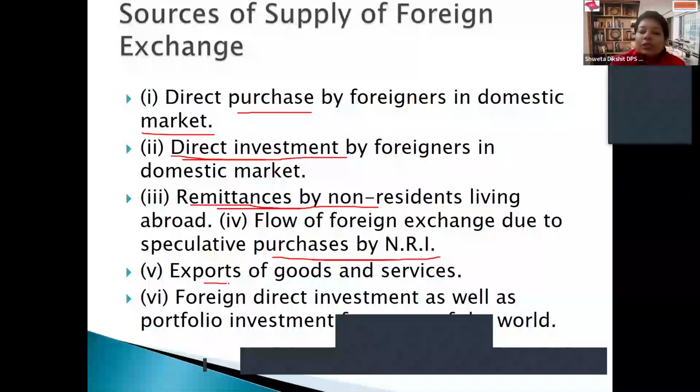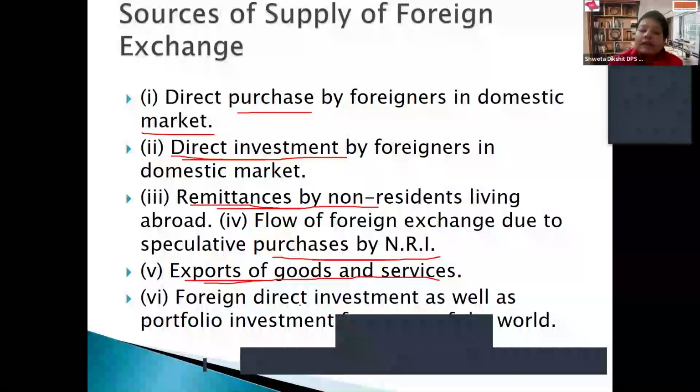When we export goods and services to the rest of the world, we get the supply. And also when people from other countries are coming to India, living in India, making investments, purchasing properties and assets, they also bring in foreign currency. So these are the sources of supply of foreign exchange.